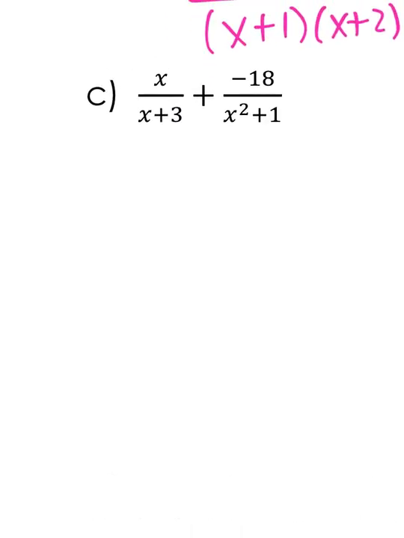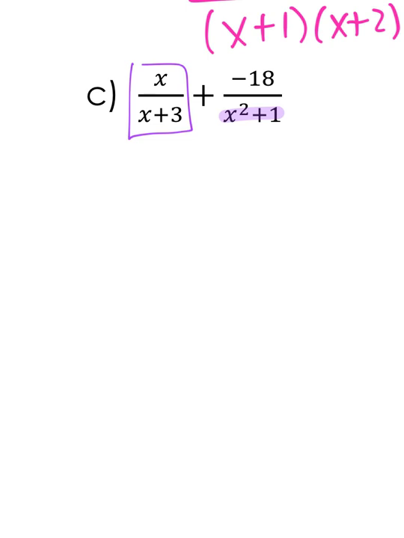All right, this one is going to be a little bit more complicated because these denominators are already as factored as they can be in real numbers. We know that we can technically factor that sum of squares, but it gives us imaginary numbers. So what we're going to have to do is take each factor and multiply it by the denominator from the other factor.